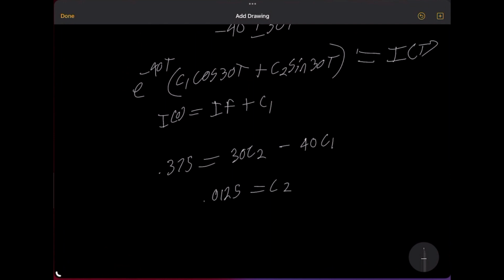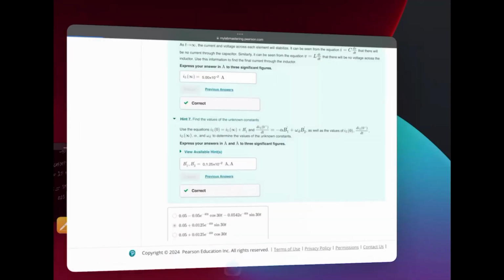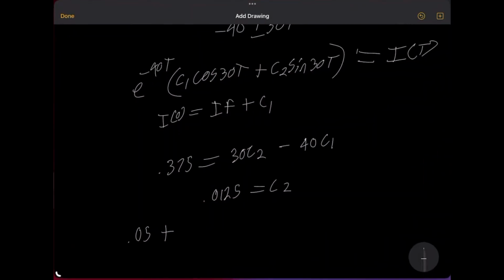Now, for this one, since I final approaches its final value, you do it in the form of 0.05 plus, or no, it's minus, no, it's plus, 0.0125 e to the negative 40t times sine of 30t. That's how that one is set up.